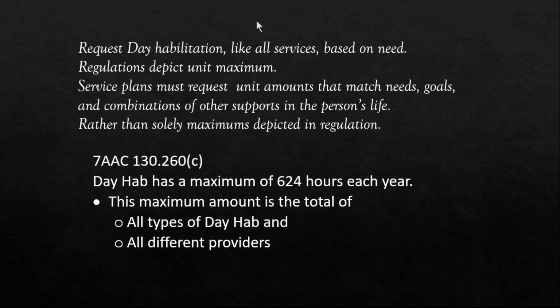So if I had more than one provider of day habilitation, the maximum would be the same, okay? I'm not asking us to focus on maximum in any way. I'm really asking us to focus on the needs of the person and how we can accomplish the teaching and training that we just spent so much time looking at, okay?